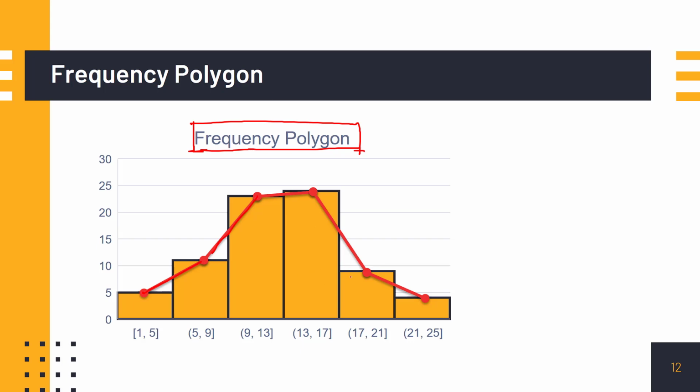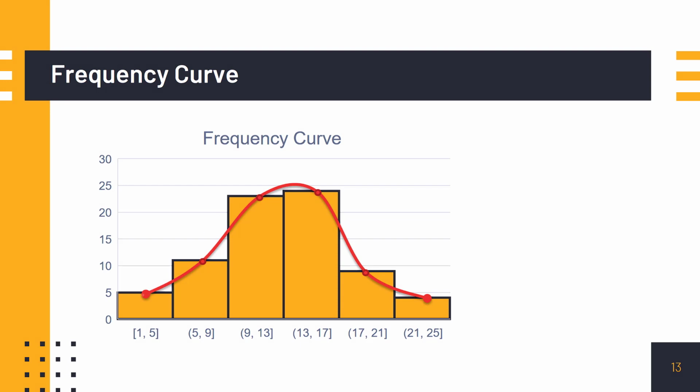And then if these same points, these circles, are joined using a freehand smooth curve instead of a straight line, then it is called a frequency curve. That means if we join these dots using a freehand smooth curve, we get a frequency curve. On the same histogram, if you join the midpoints using a straight line, it is called a polygon. If you join the midpoints using a freehand curve, it is called a frequency curve.